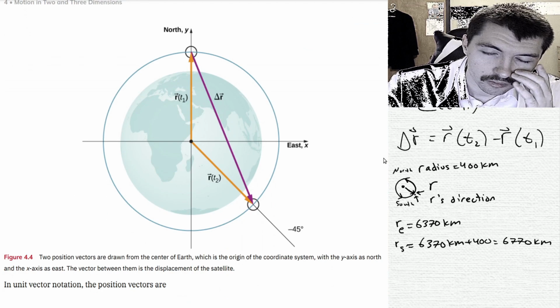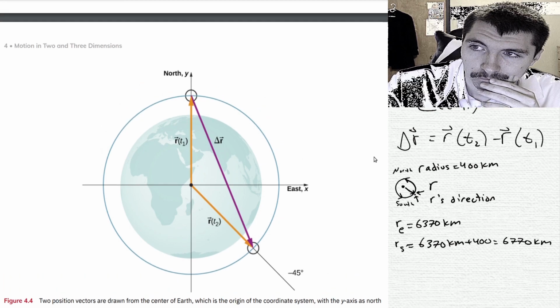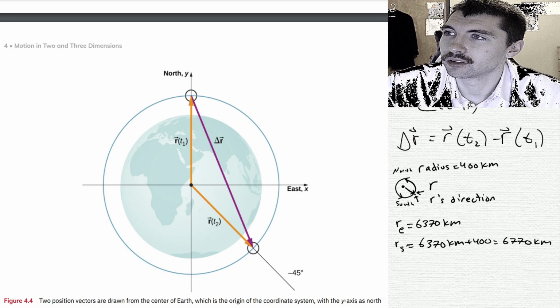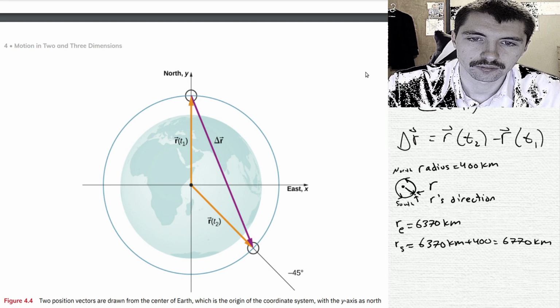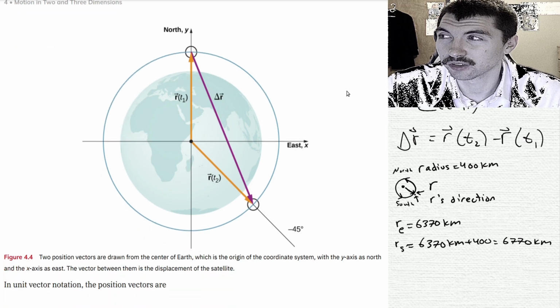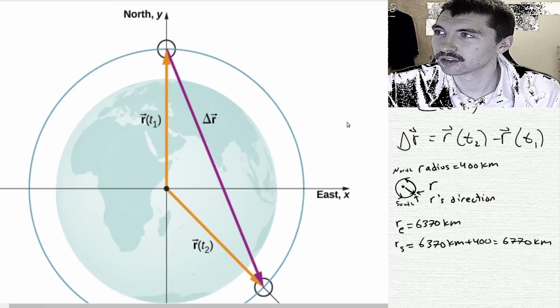Okay, so delta R is R of T2 minus R of T1. So saying this is RT2, this is R, so we're going to find that. So I mean that's a way better picture than I could have drawn. I'll zoom in for you.